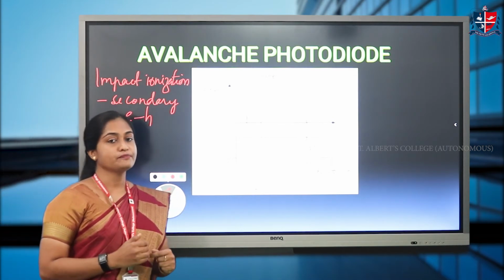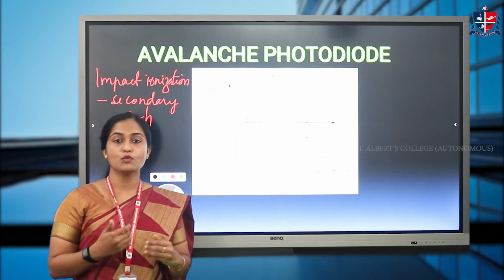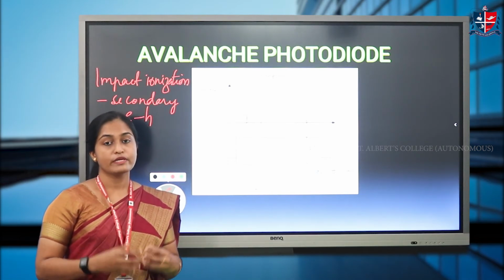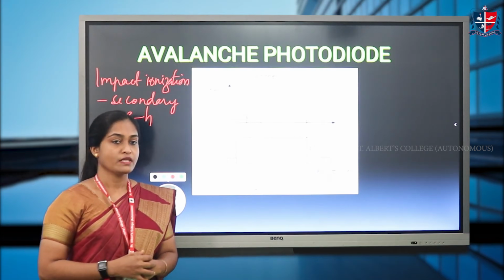So in this way, we can get more and more photocurrent. So an avalanche of photocurrent is produced.